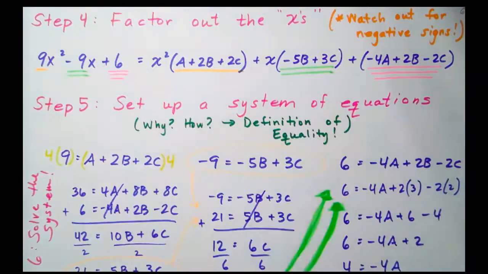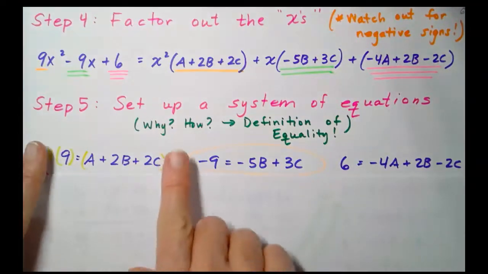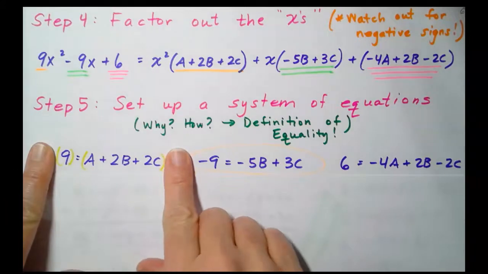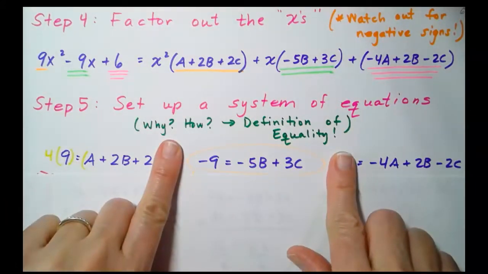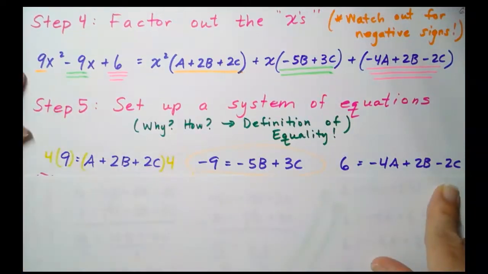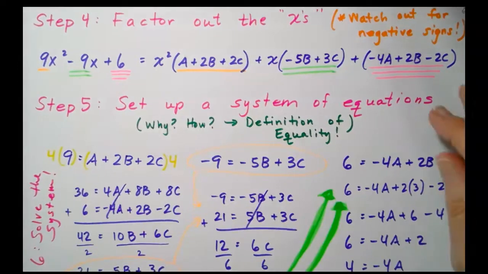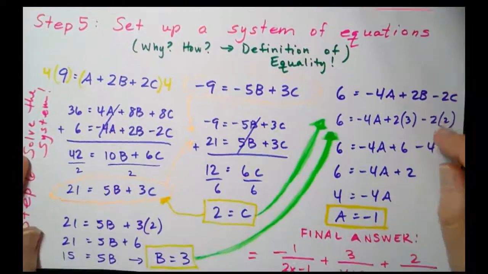So this is our system of equations, 3 equations. 9 equals a plus 2b plus 2c. Negative 9 equals negative 5b plus 3c, and 6 equals negative 4a plus 2b minus 2c. Well, step 6, we need to solve this system of equations.